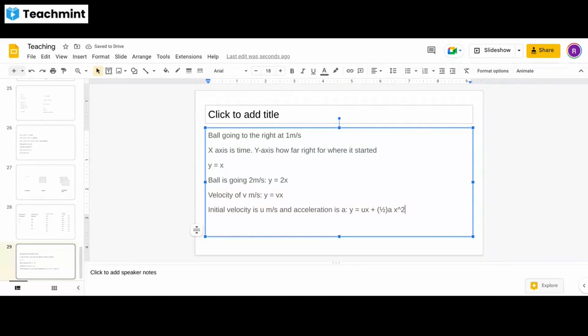Correct? Now, do you know how the plot of this looks? If I were to draw it, how will it look in a graph? So let me put u is equal to 1 and a equal to 1.